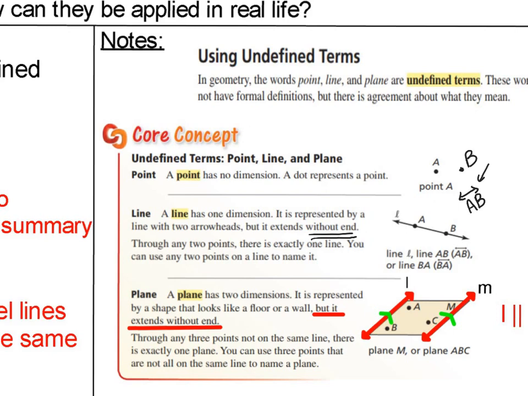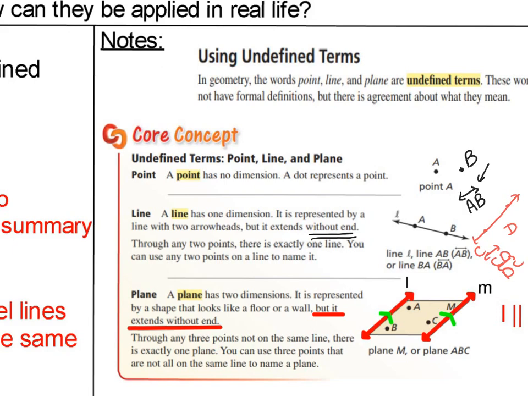So if I use a different color here, and I have point C and point D, I can always draw a line through those points, and I can label that line CD with arrowheads or line DC in reverse with arrowheads. Now you can't always do the reverse. It depends on the shape that you're discussing, okay?